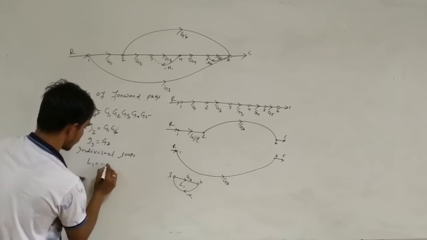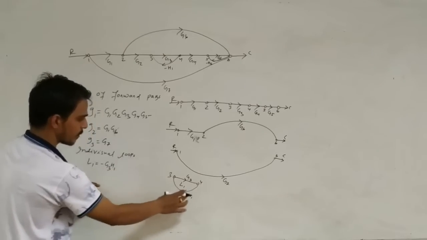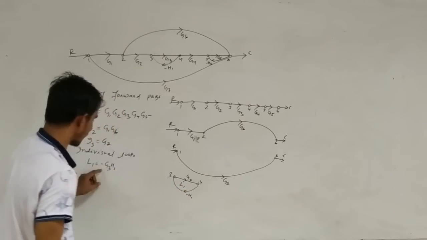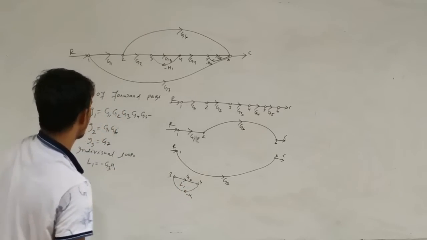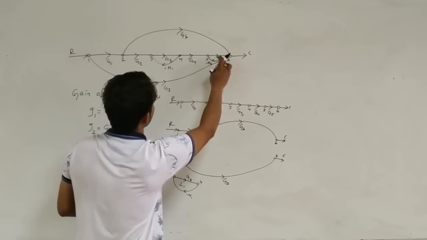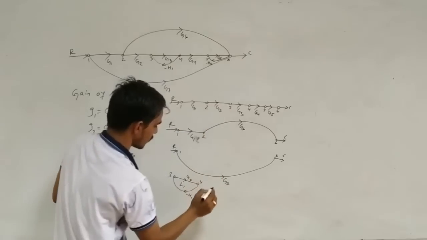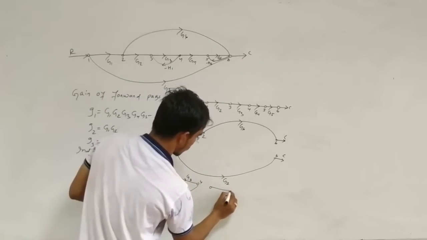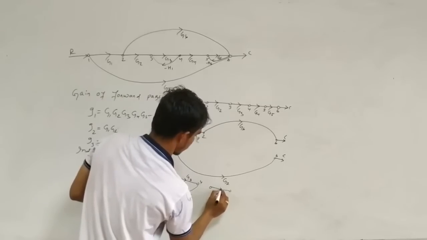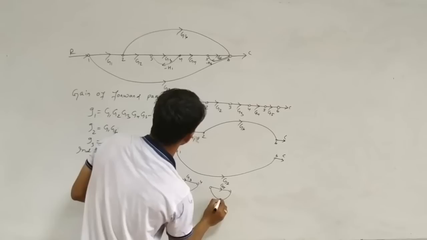Minus G3 H1. So negative feedback since minus H1. So minus G3 into H1. Okay, any other loops? See, this can be a loop, node 5 to 6, and this is gain G5.